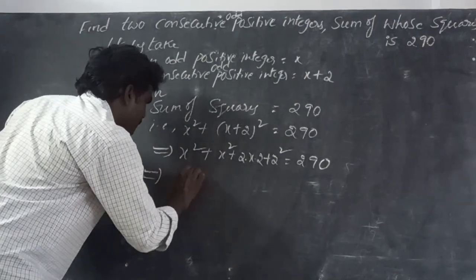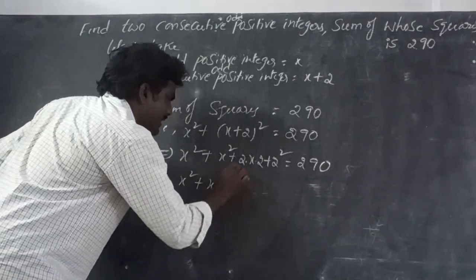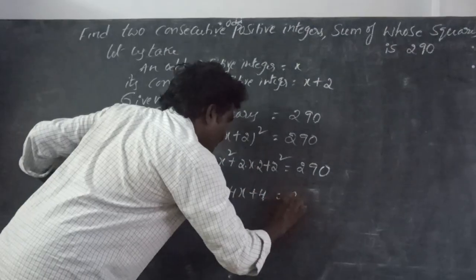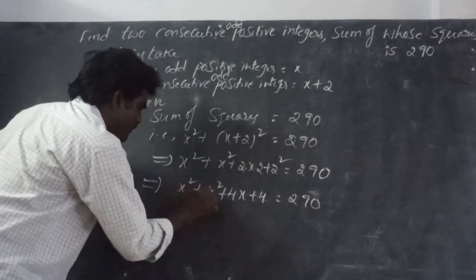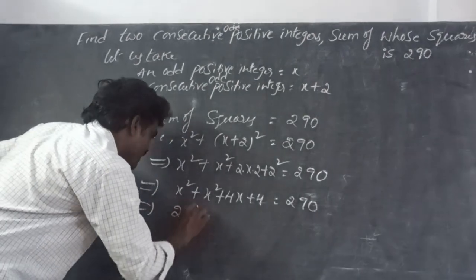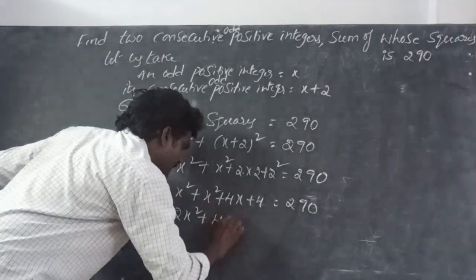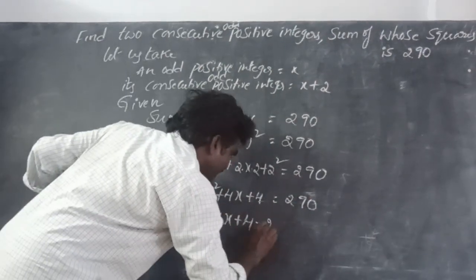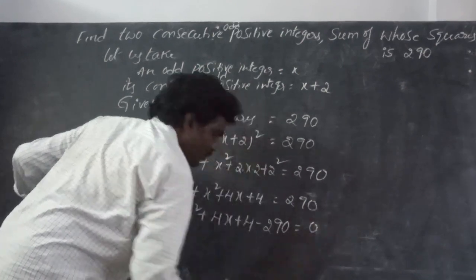Next, x square plus 4x plus 4 is equal to 290. So 2x square plus 4x plus 4, and 290 comes to this side, so minus 290 is equal to 0.